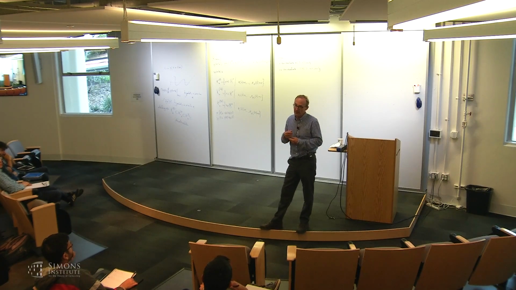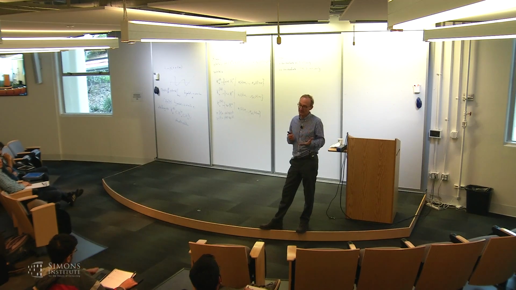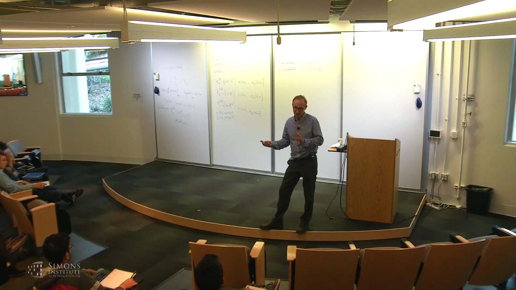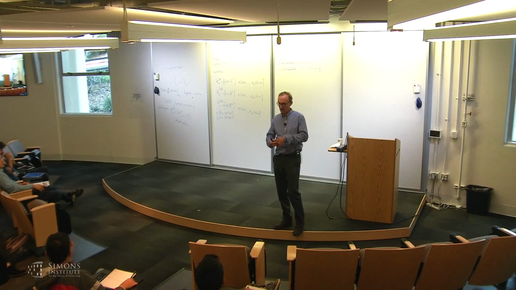For example, if you look at semi-definite programming, one thing I find interesting is the stable set polytope of a perfect graph.